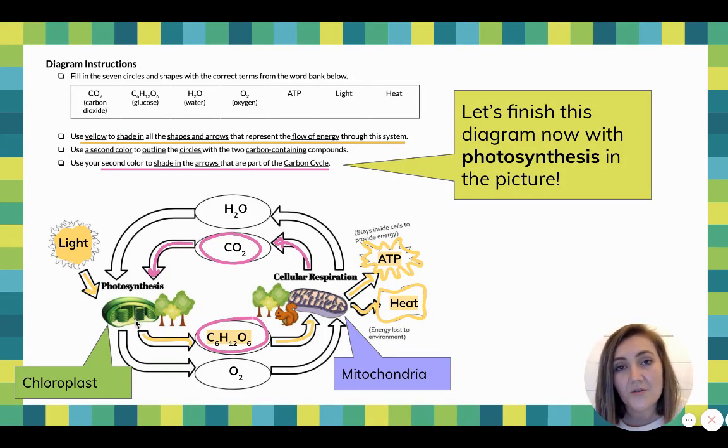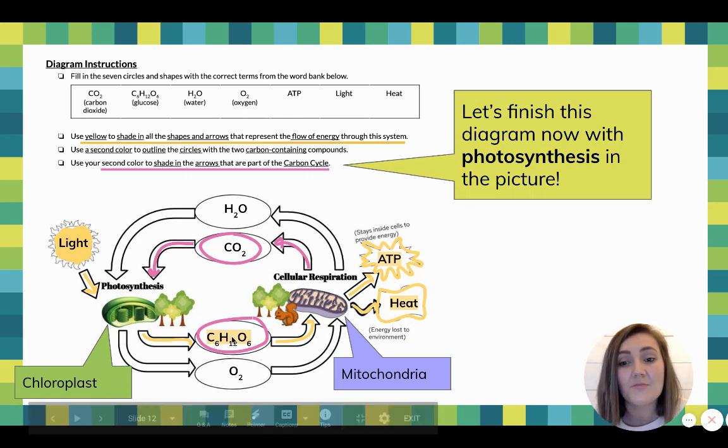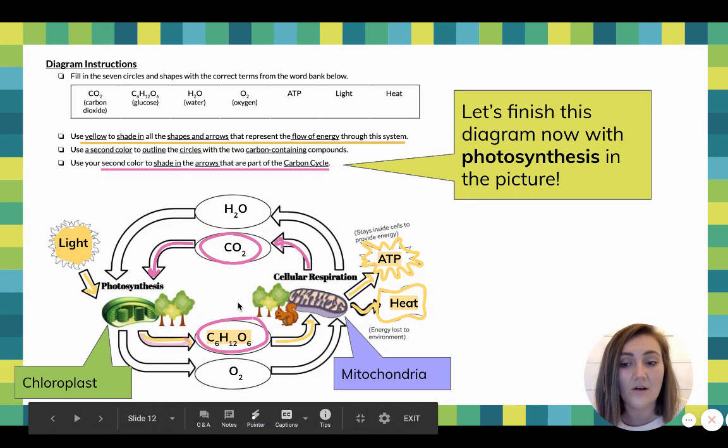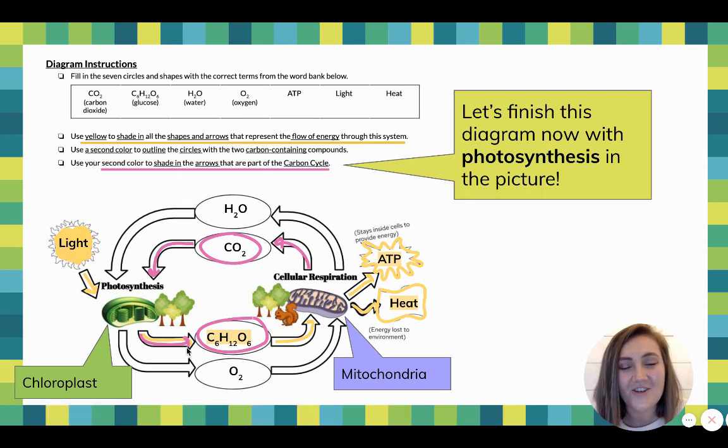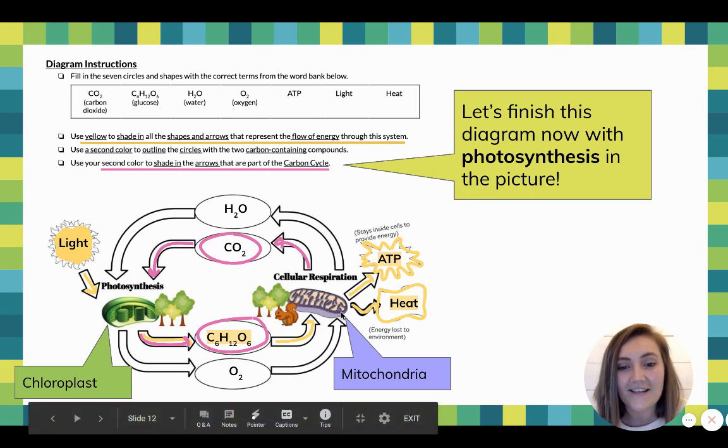Once it enters into the chloroplast, remember those carbons are used to build glucose. So I'm also going to shade in or outline with your color, pink or whatever second color you chose, that arrow. And then that glucose is then going to enter into the cell respiration process. So I'm going to also outline this arrow as well.